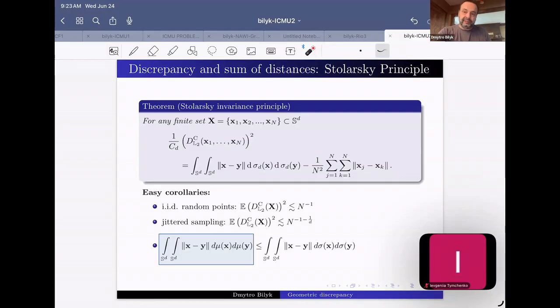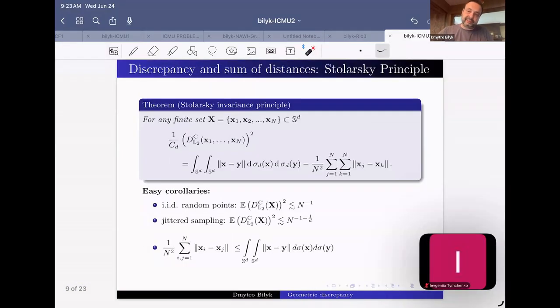It's very easy to see how this follows from the previous inequality, because you can view this as the integral with respect to the average of Dirac delta masses, so the integral with respect to a discrete measure.